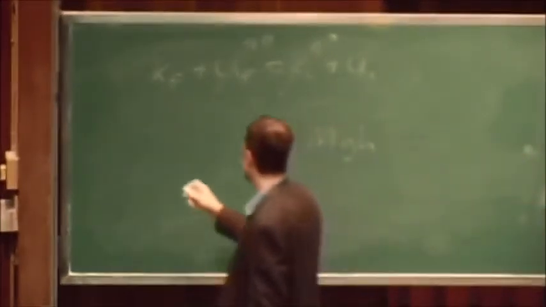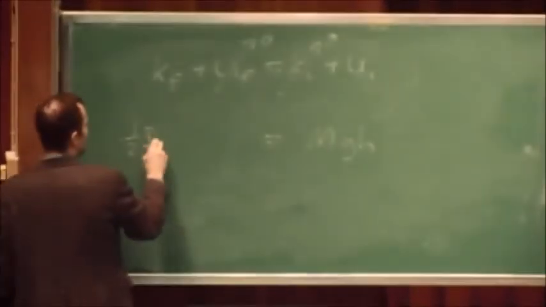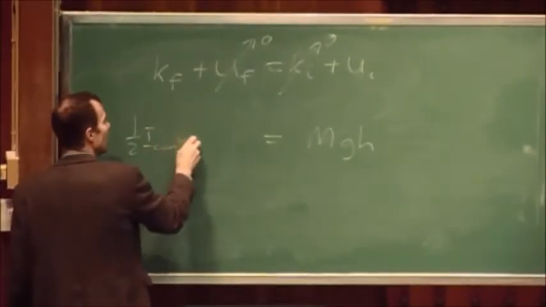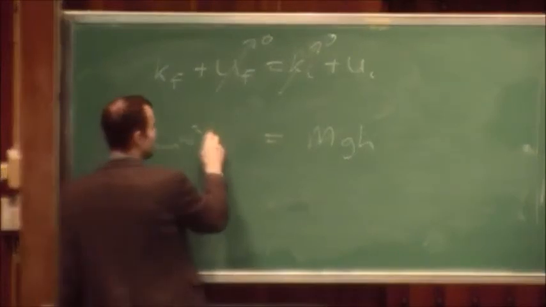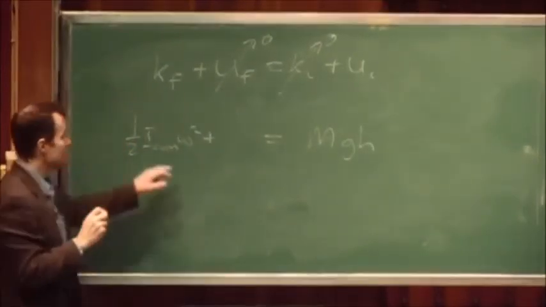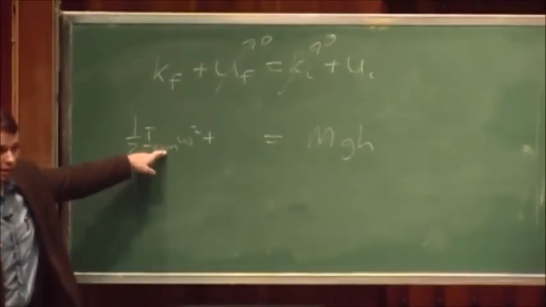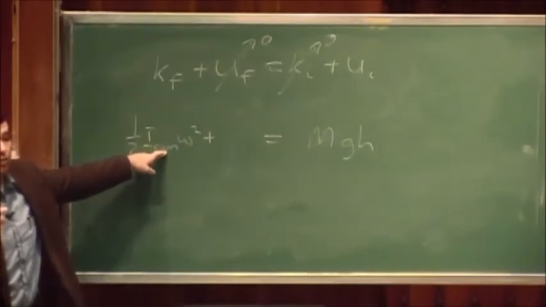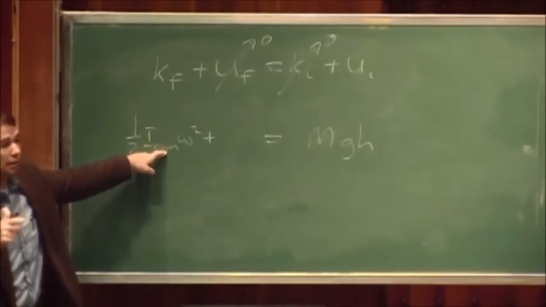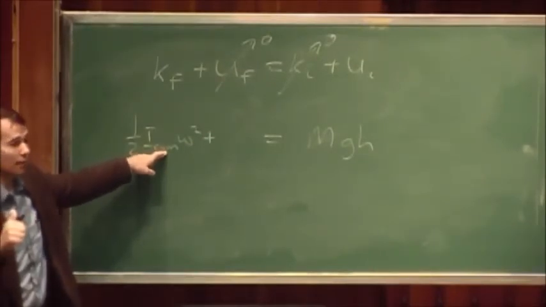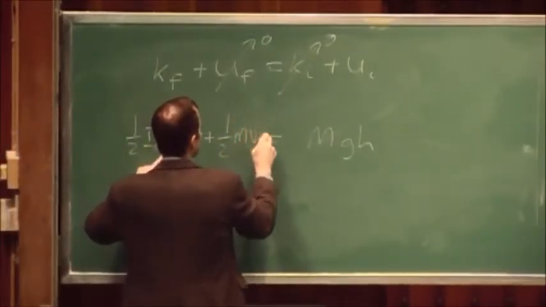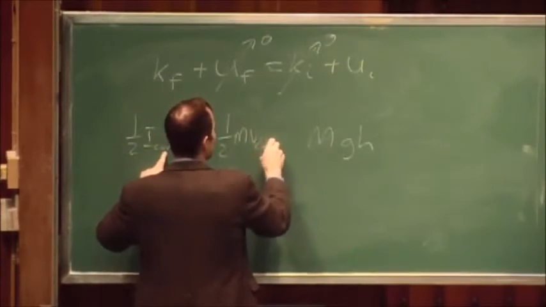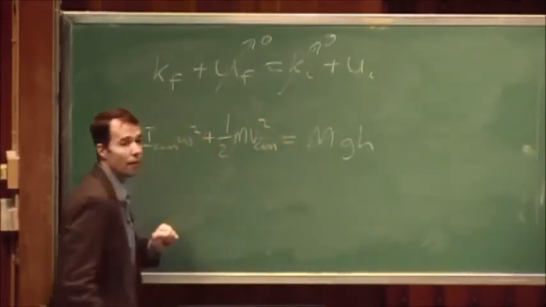We have 1/2 I center of mass omega squared, which is the rotational kinetic energy. We also have translational kinetic energy, which is 1/2 m v center of mass squared.